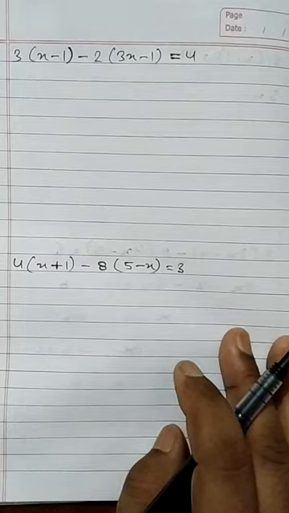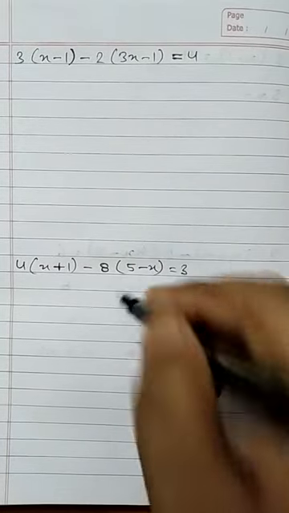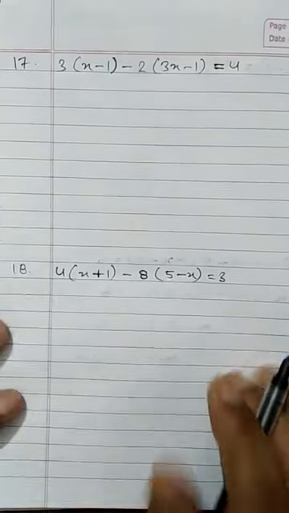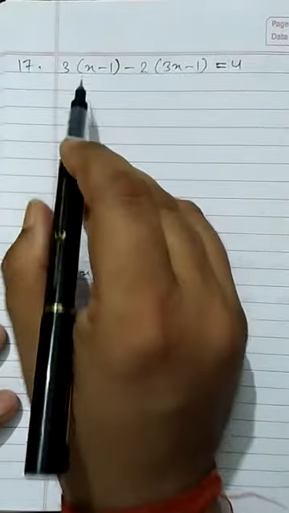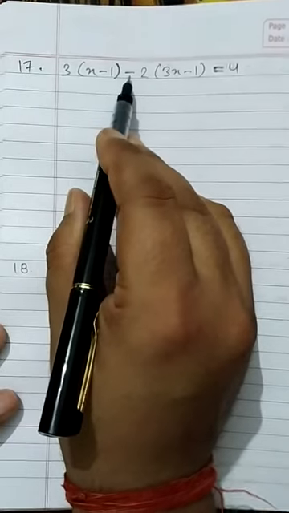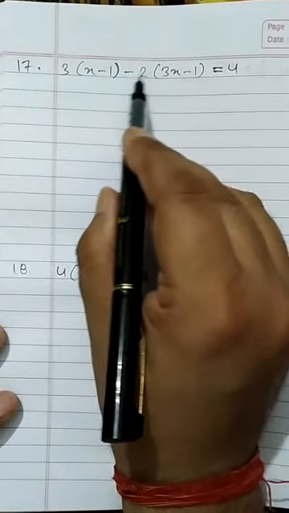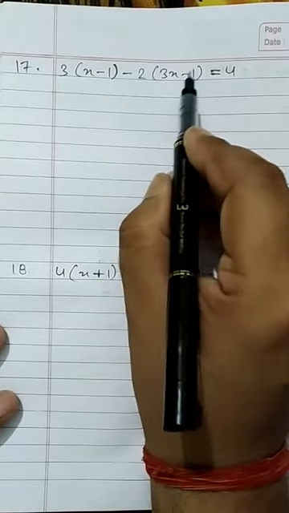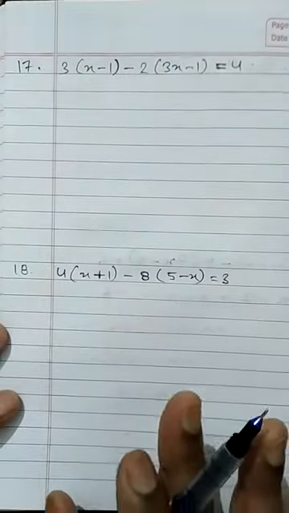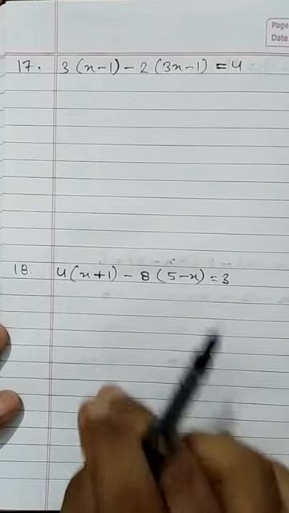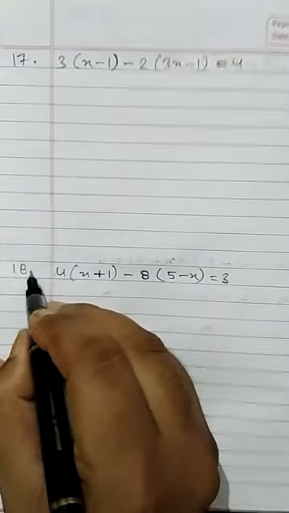Now out of these two questions, this one is 17: 3 bracket start x minus 1 bracket close, minus 2 bracket start 3x minus 1 bracket close, equals 4. So this question will be done by you. I am doing number 18 for you.